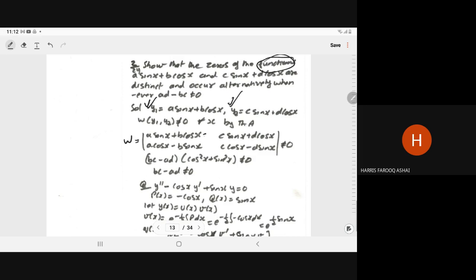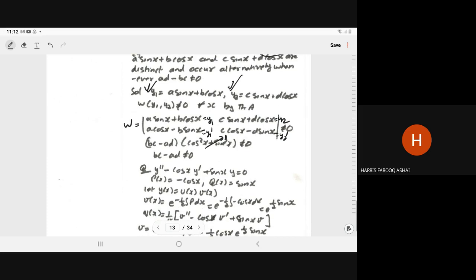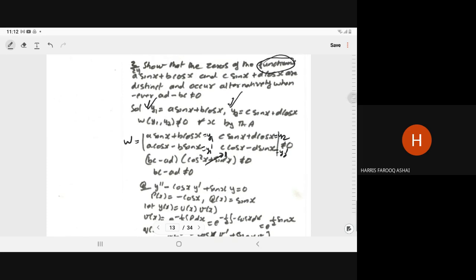Here we have y1, here we have y2, y1 dash and y2 dash. So we compute this. Cos square plus sin square is equal to 1. So here we must have BC minus AD not equal to 0.